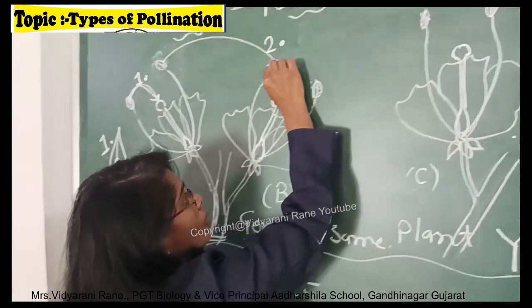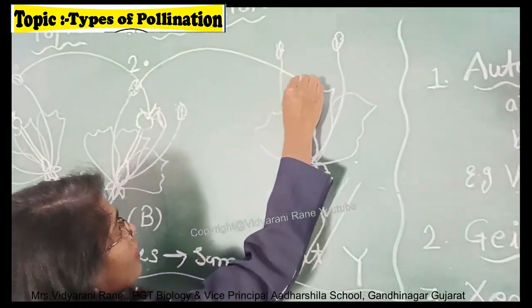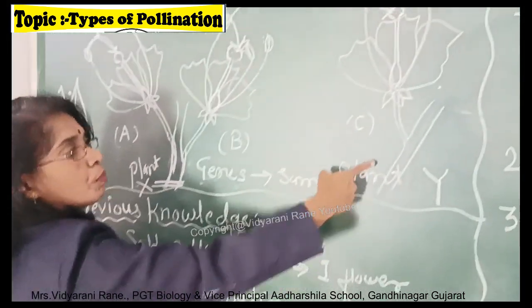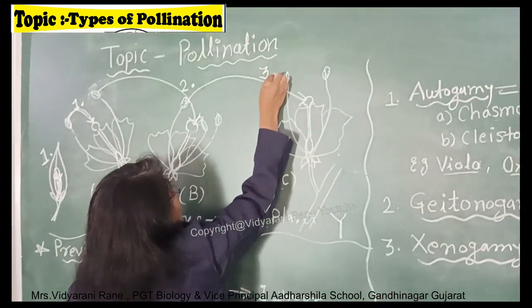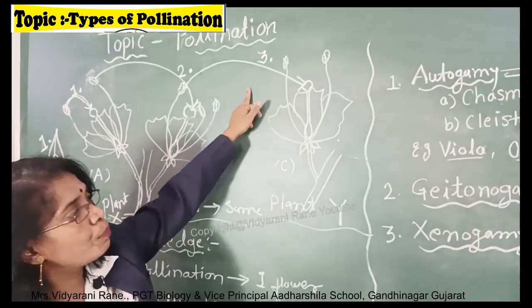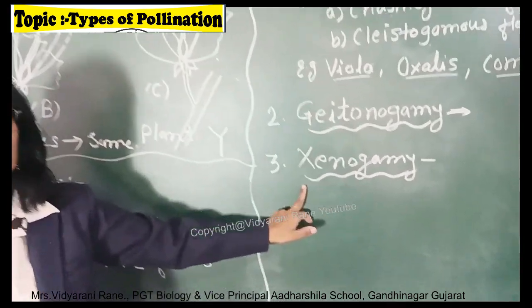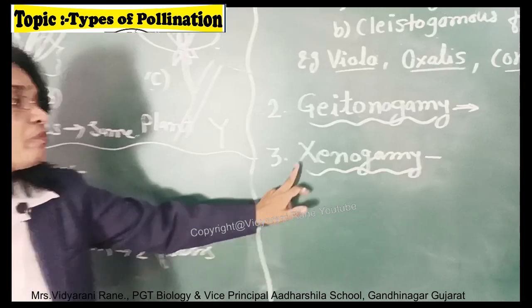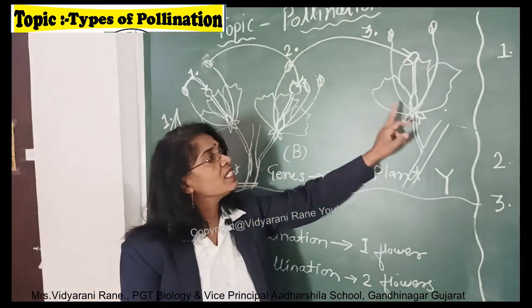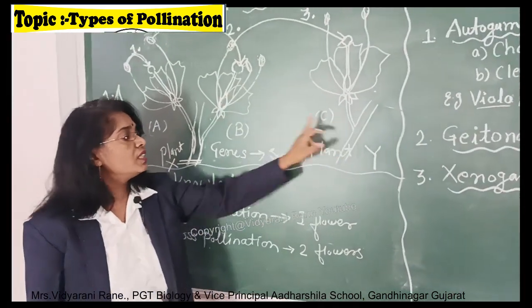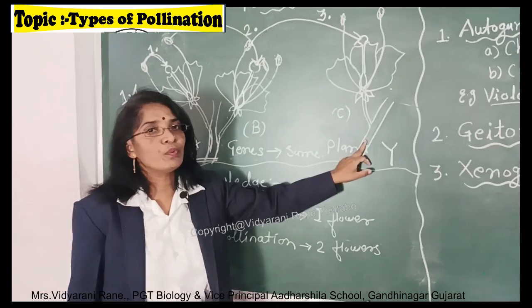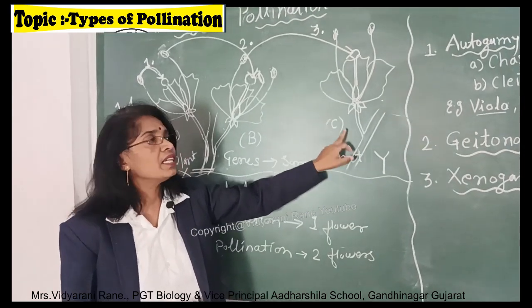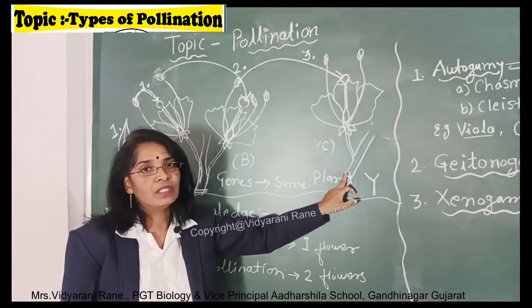Whenever the pollen grains of plant X reach the stigma of plant Y, then here we can see the third type of pollination, that is Xenogamy. Physically it is cross pollination and genetically also cross pollination, complete 100% cross pollination, right?